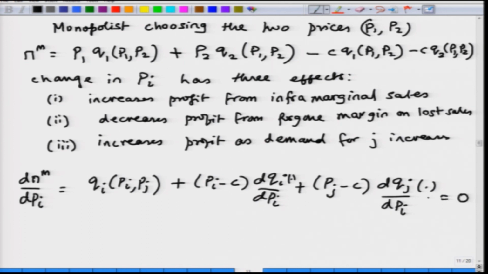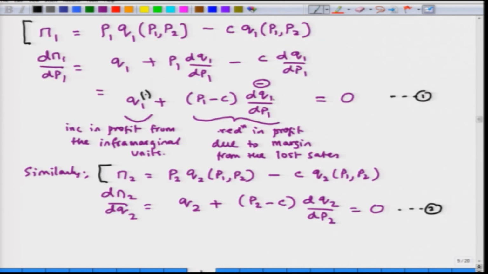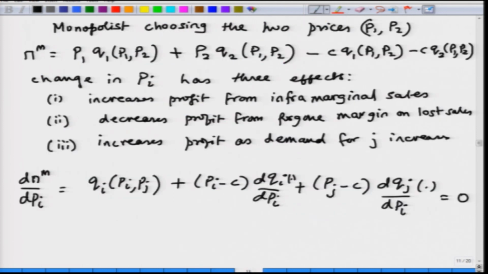So, now notice there are 3 terms compared to the 2 terms that I had earlier. The first is the inframarginal units, the second is the foregone margin from the lost sales, and the third is the increase in profit due to the demand for firm 2 increasing.